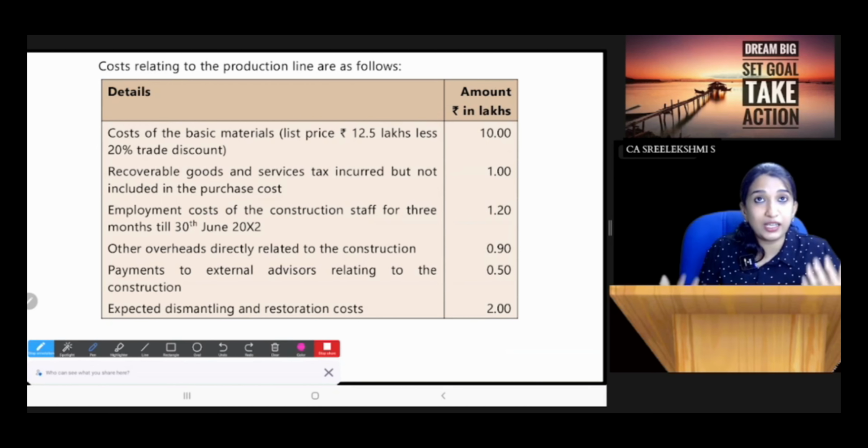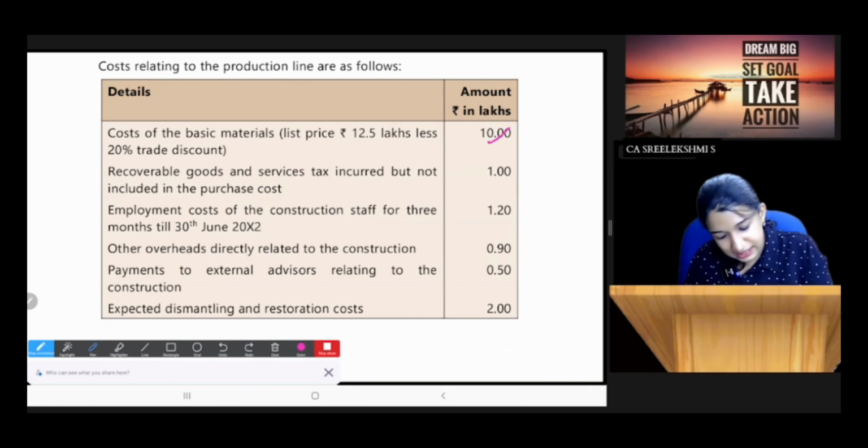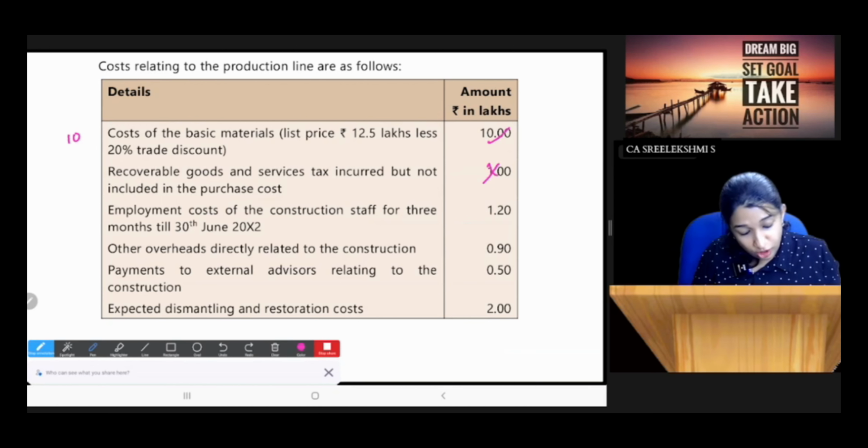So what are the items? First, to calculate depreciation, we need to find out the cost of the asset. So 10 lakhs, correct. Recoverable GST, no. Employment cost, 1.2 divided by 3 into 2.8. Overhead expenses, 0.9 minus 0.3, 0.6, 0.5.